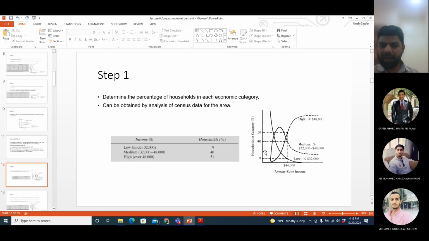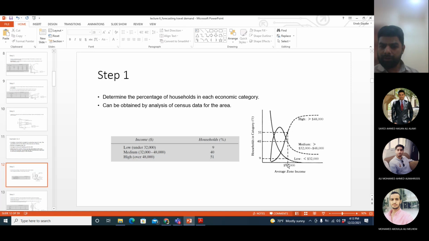So how many people had this much income in the sample? This much percentage, maybe 60-70%, I don't know. And how many people had this much income? This much percentage. This entire line goes from 0 to 32,000, this line goes from 32,000 to 48,000, and this line goes above 48,000.